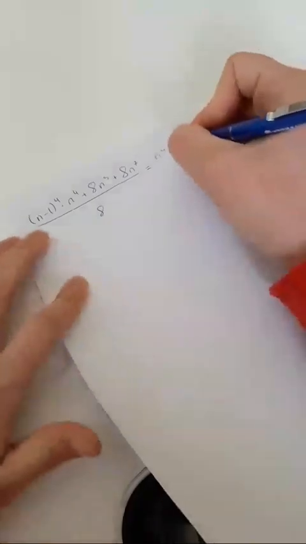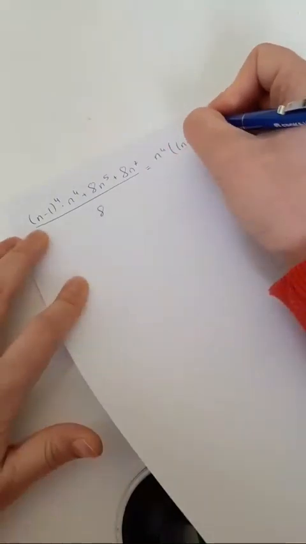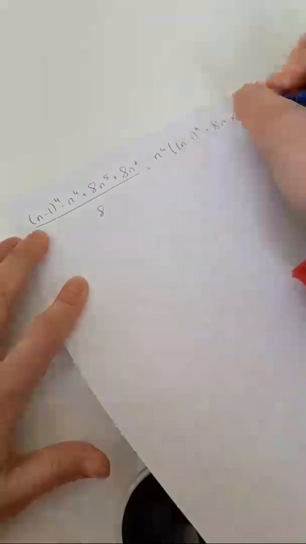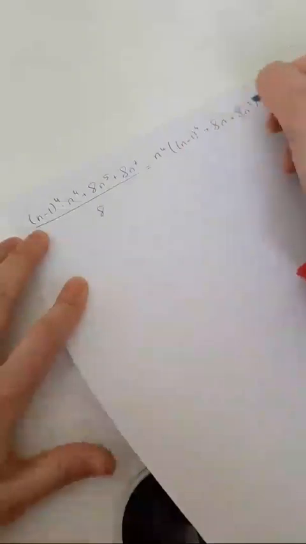And here I will have (n minus 1) to the power of 4 plus 8n plus 8n cube over 8.